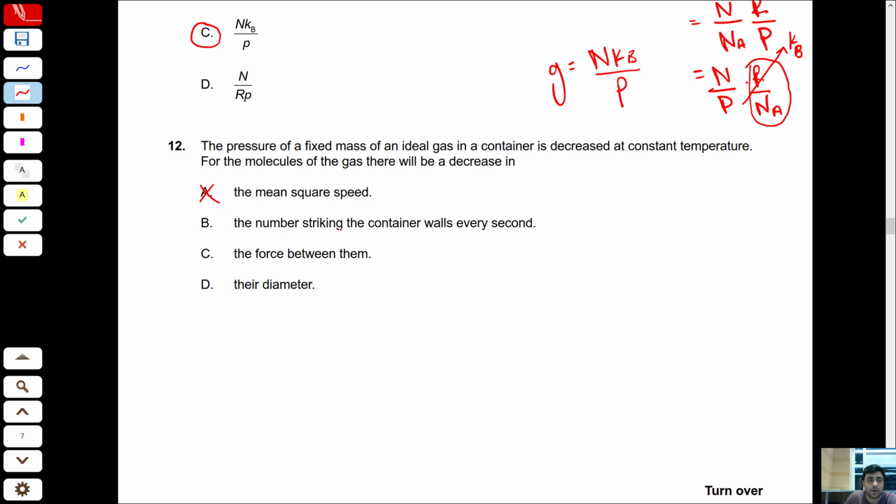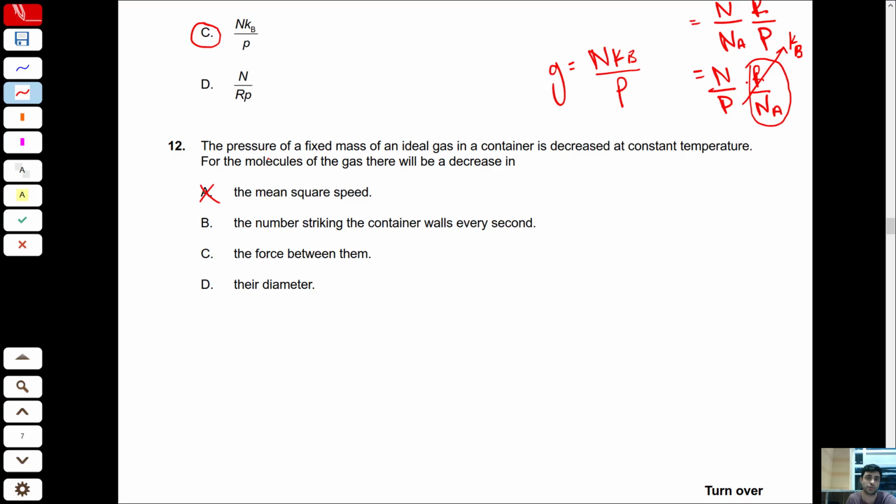The number striking the container walls every second. Yes, because pressure of a gas is always due to the frequency of the colliding particles against the wall. When the gas particles collide with the wall of the container, that is what gas pressure actually means.